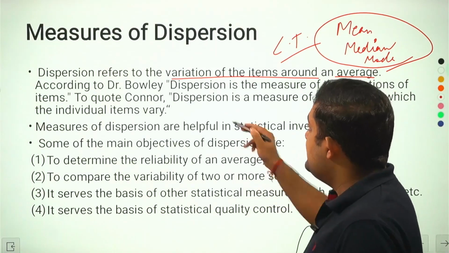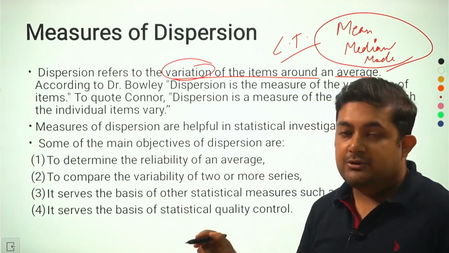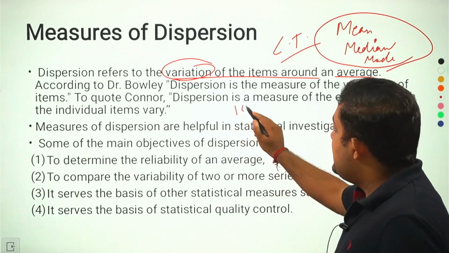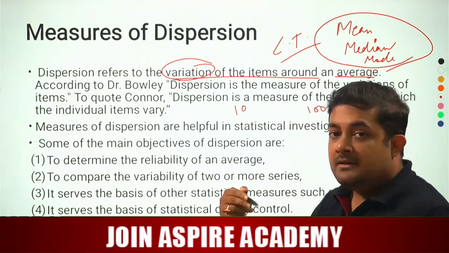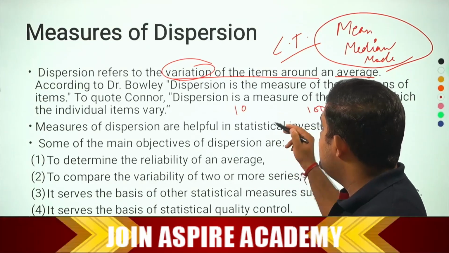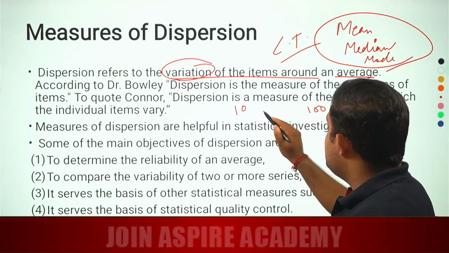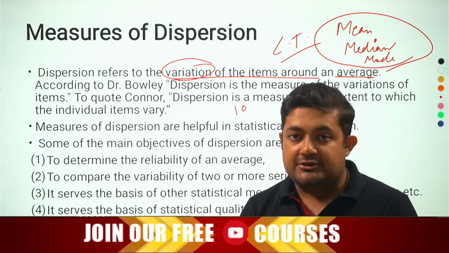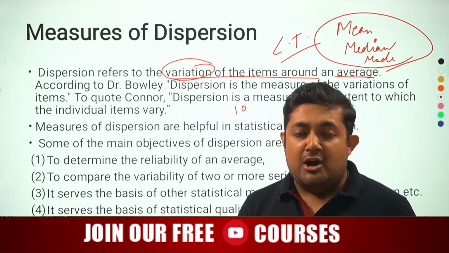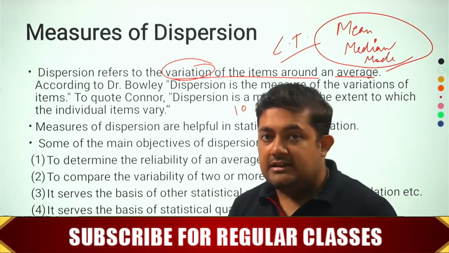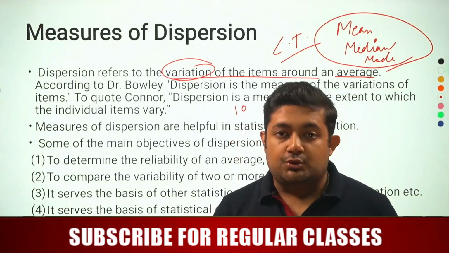Because we need to see how much variation there is in the average. Suppose my data are 10 and 100, then whether the mean is better depends on how much variation there is. So this is one of the important things we do in statistics.